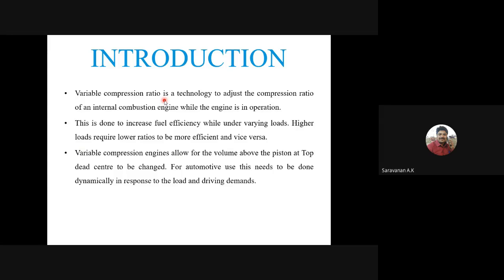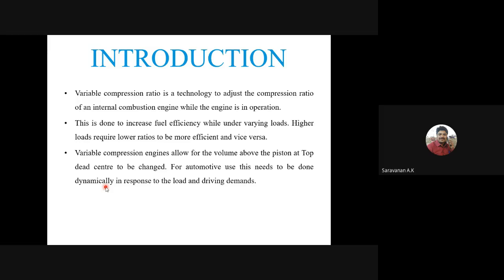First of all, we have to know what the compression ratio is. It is the ratio between the engine's maximum volume and the minimum volume of the engine, that is the volumetric ratio. So we have to adjust the volume of the cylinder.